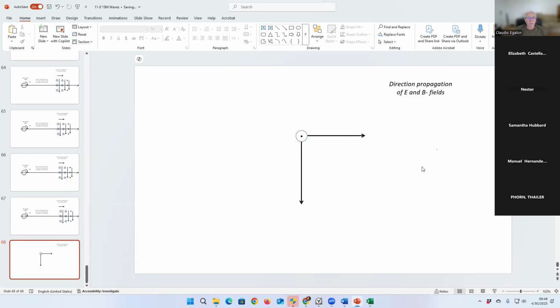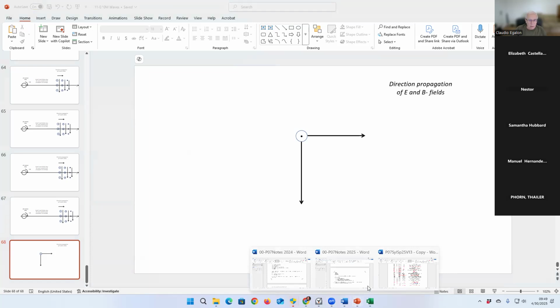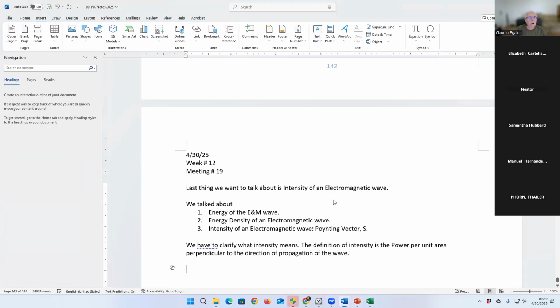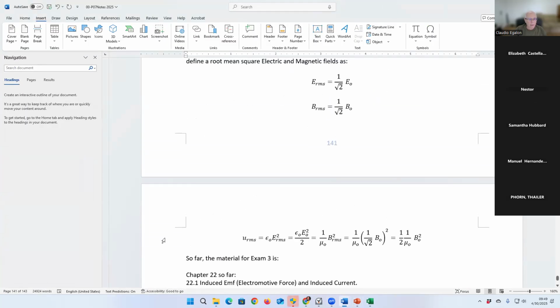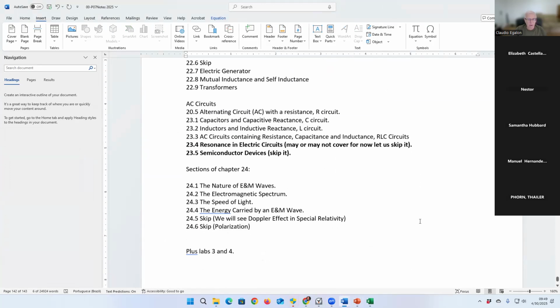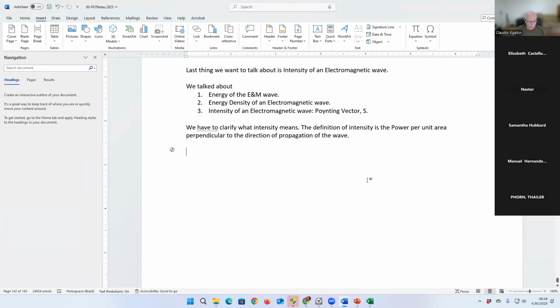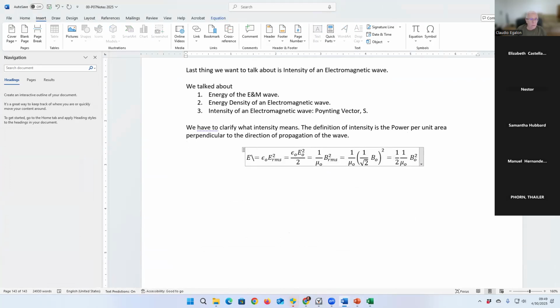And the Poynting vector that I mentioned to you, right, specifies the direction of propagation of the wave. Let me get everything here so we can make it look nice. Okay, here you go, the electric vector.